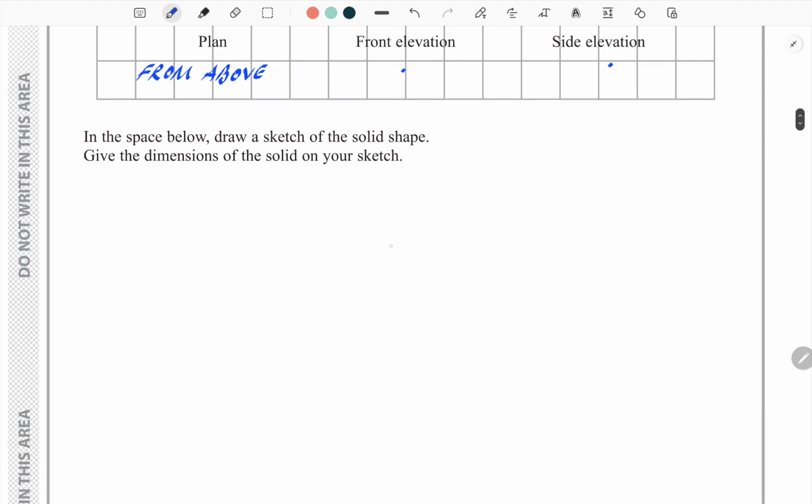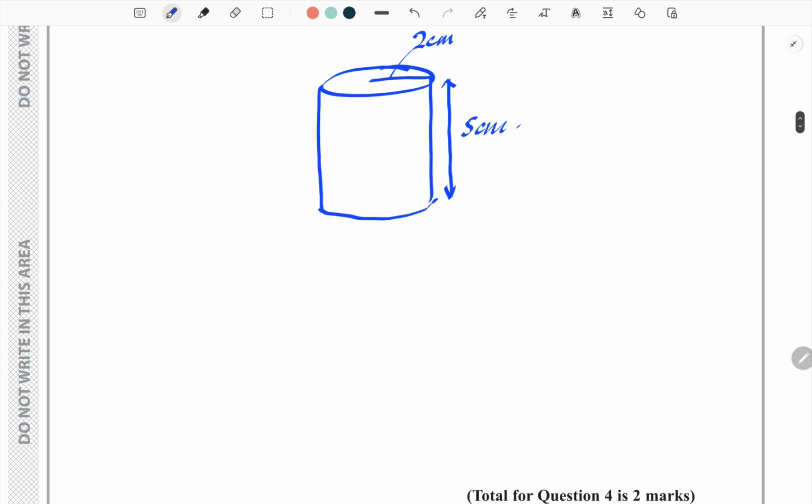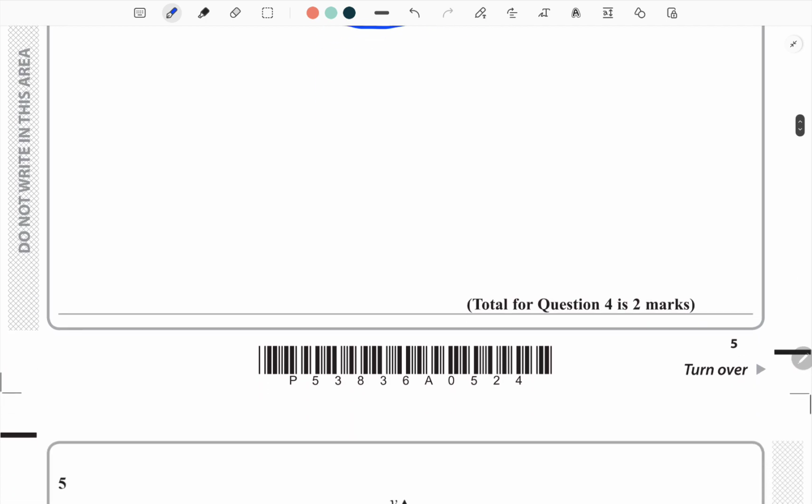So all you want to do is draw a simple cylinder where the radius is 2 centimeters and the height is 5 centimeters. That literally is all you need to do, is draw a rough sketch of a cylinder. Plenty of space to do it in. You can do that as big or as small as you like, but bigger the better.